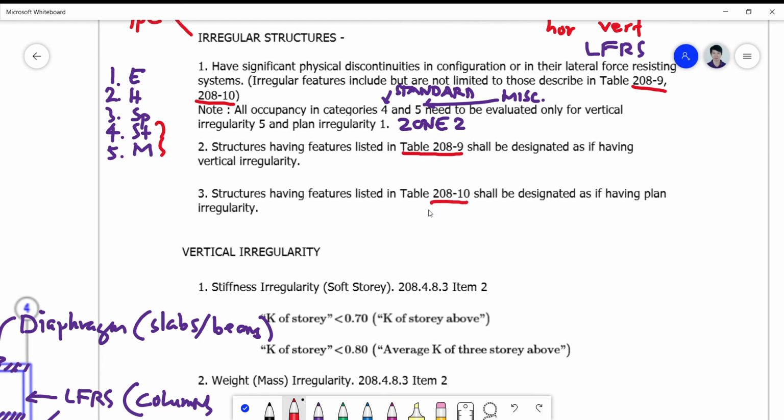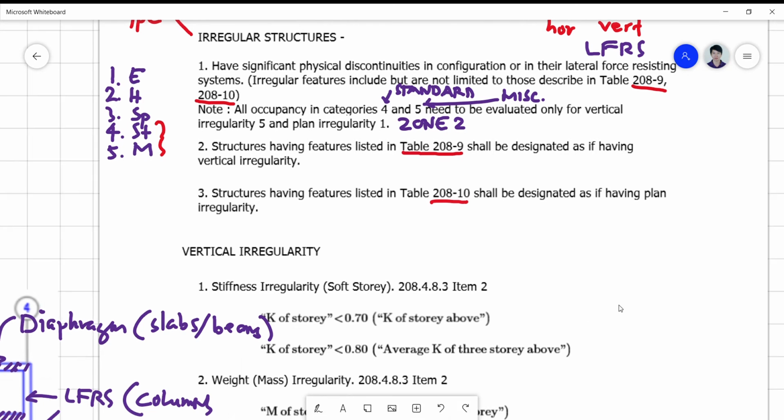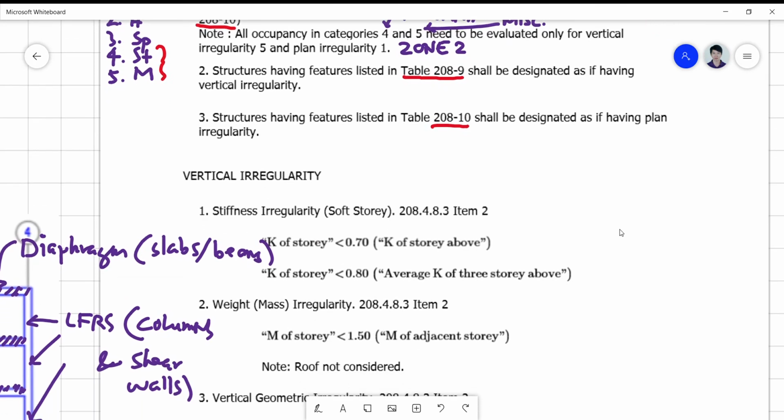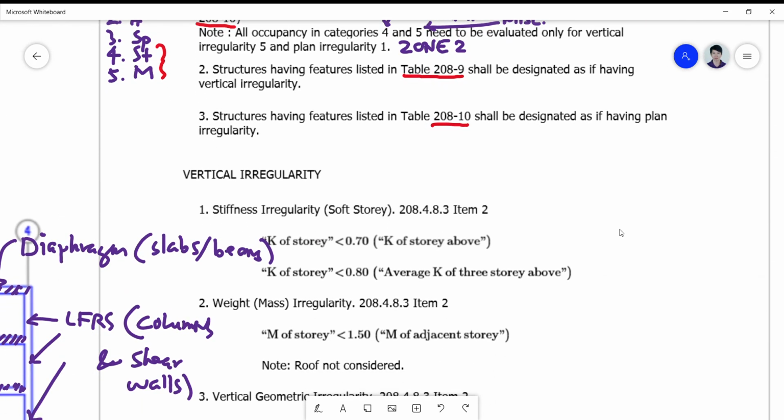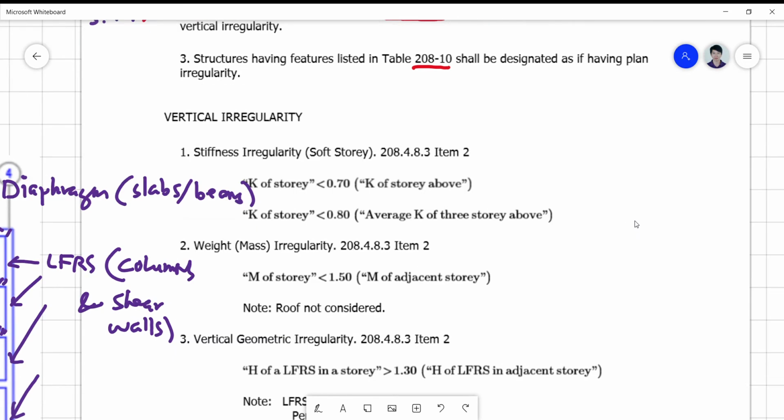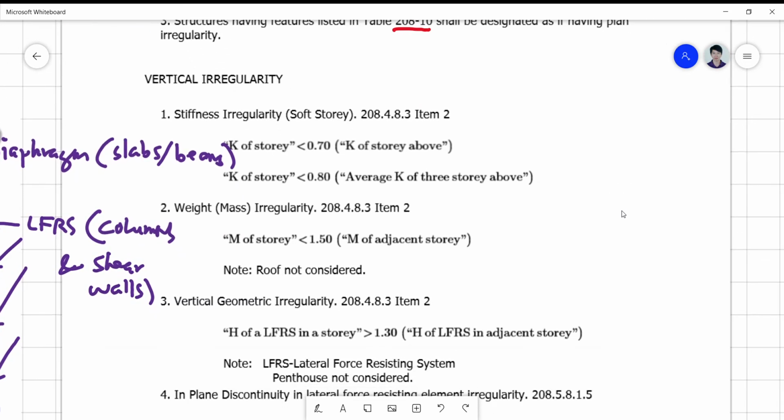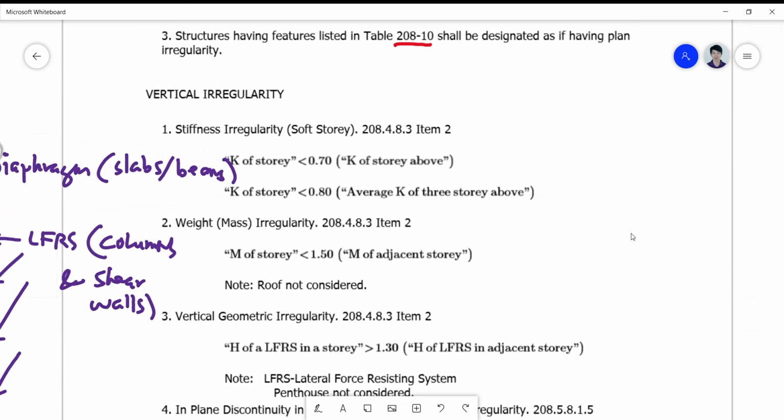And I actually summarized these tables in the form of an enumerated list here of vertical and plan irregularity. Okay, for vertical irregularity, we have 5 irregularities.